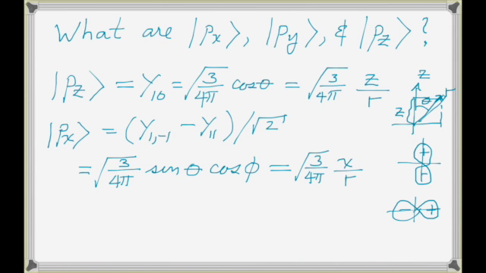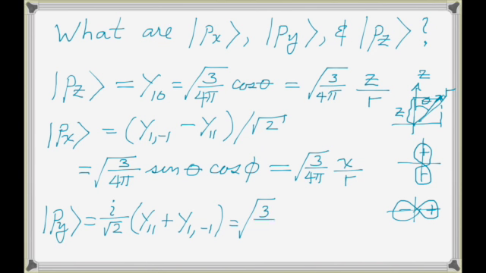And finally, the other one, py, is just the other linear combination. Well, I guess I have an I involved too. So I over root 2 times Y11 plus Y1 comma negative 1, which is root 3 over 4 pi sine theta sine phi.